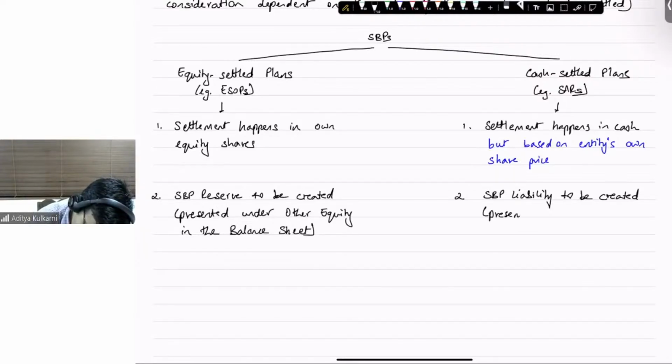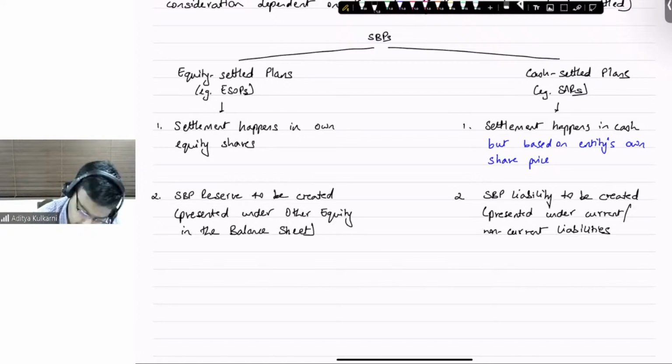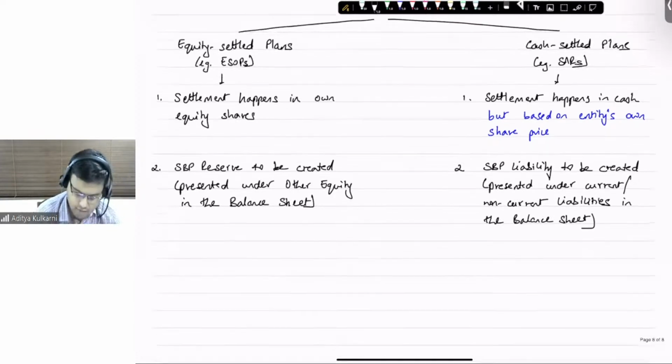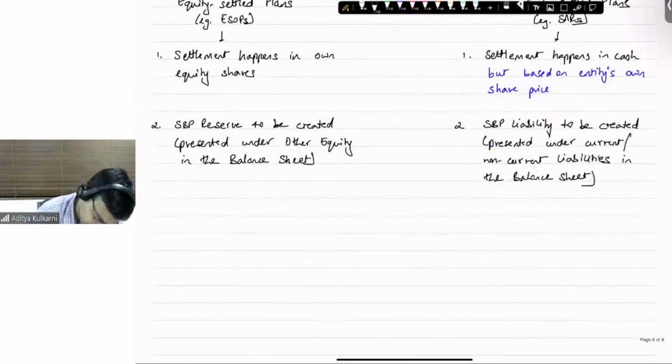Presented under current or non-current liabilities, depending on when the payment becomes due, in the balance sheet. Obviously, for SBP reserve, the alternative name could be stock options outstanding. Okay, so that is just for your information.